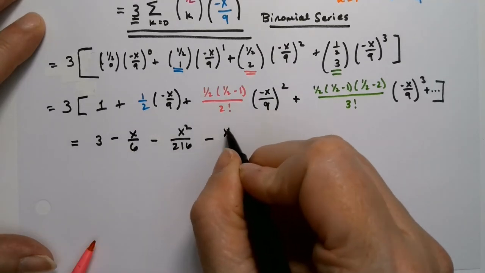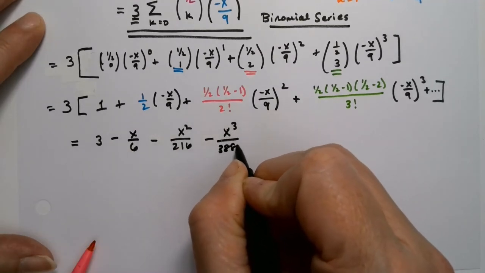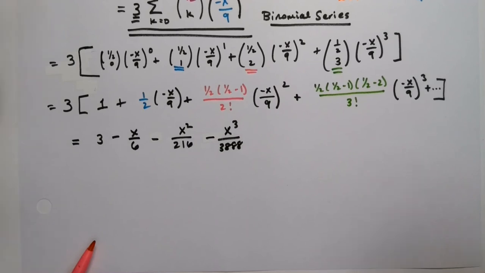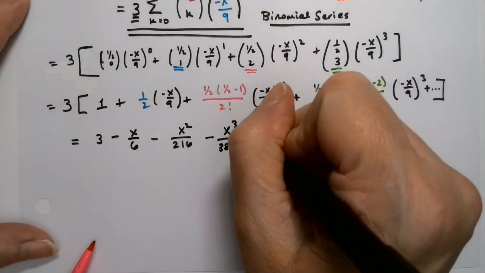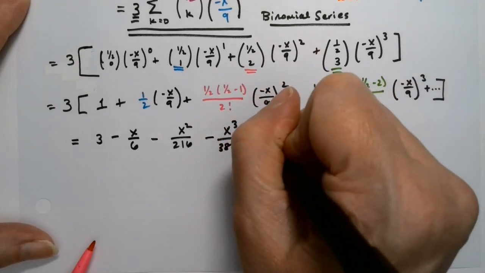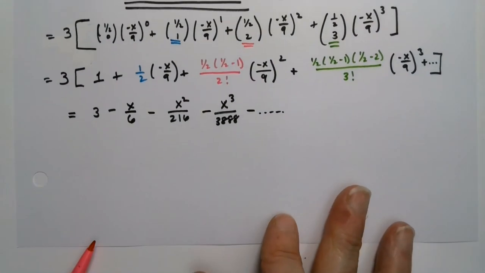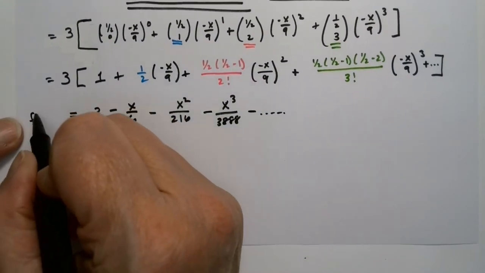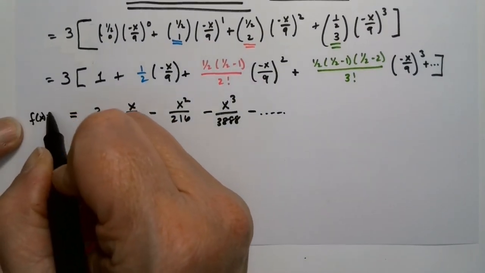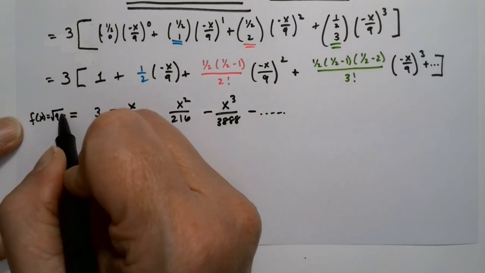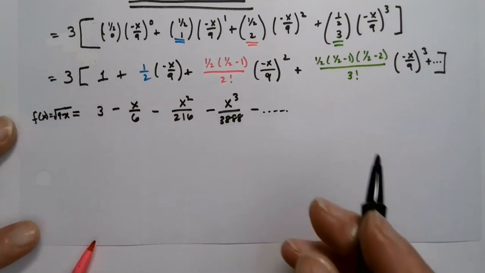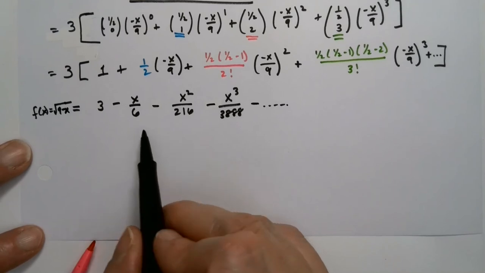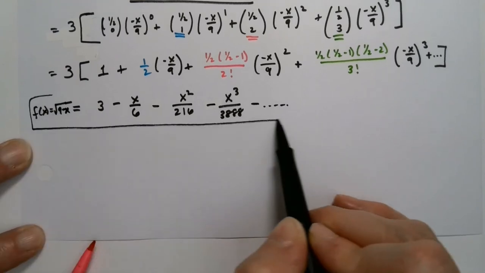So negative x cubed over 3888. And technically this would go on. There we have it. So this is f of x. So this is the square root of 9 minus x is equal to this series, continuing on. But we've got the first 4 terms as asked for.